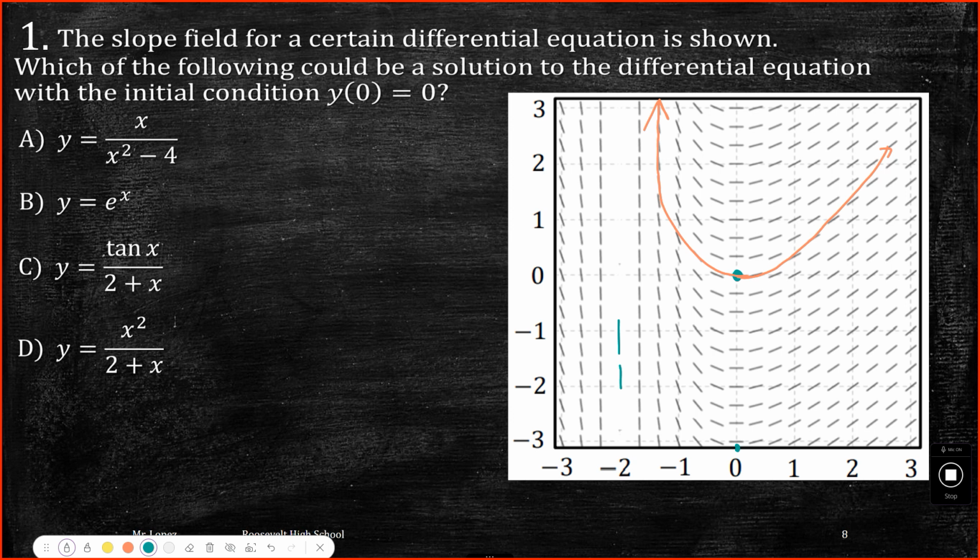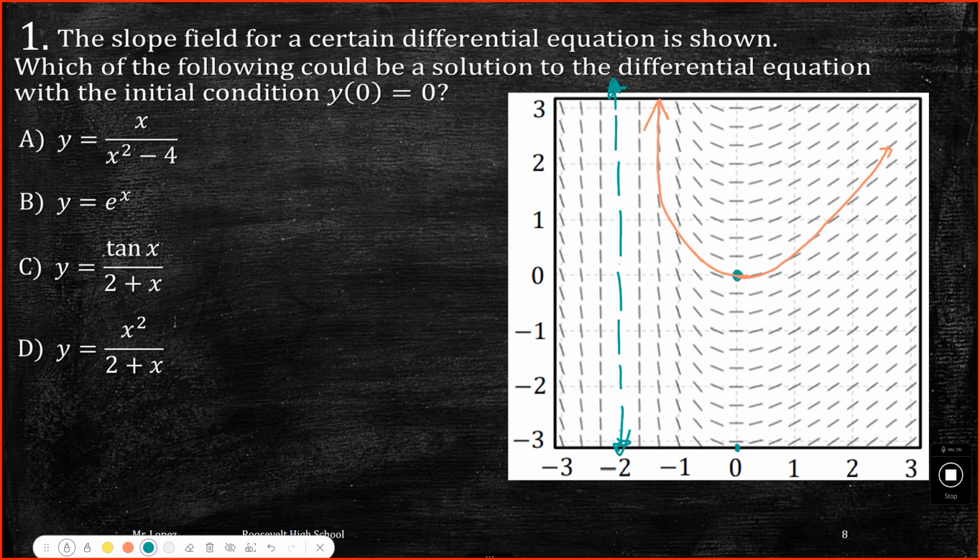Does it have a vertical asymptote, where dy dx doesn't exist? A vertical asymptote at -2. What does that mean? Which one cannot be? I don't think it's B, e to the x.